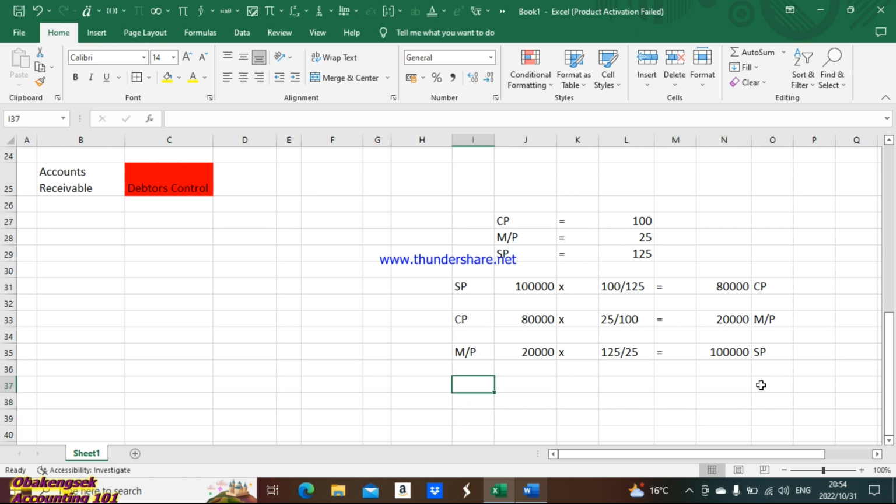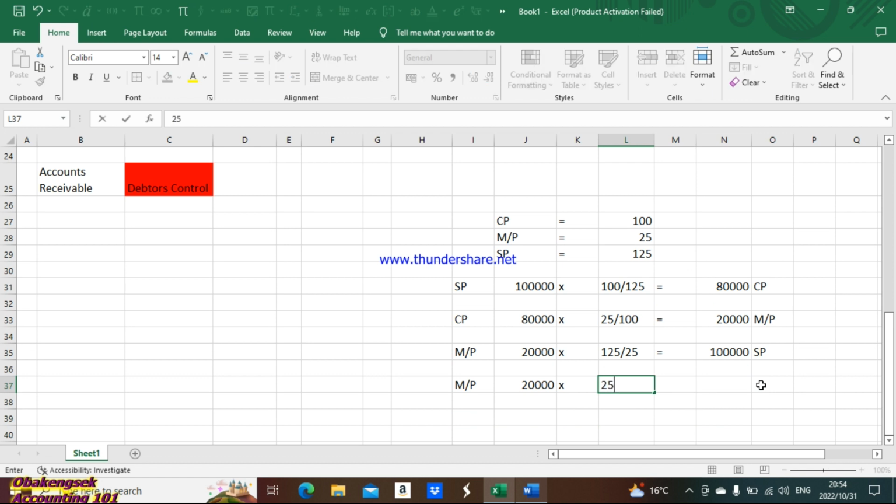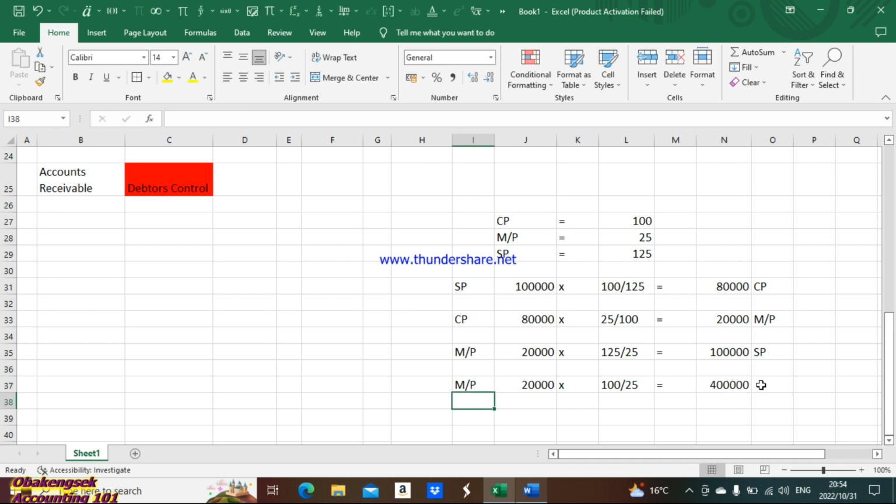I can play around with this markup, and then if I'm looking for my cost price, I'm just going to say 20,000 times what I want, which is 100, because my cost price is 100, divided by what I have, 25, and this is equal to, open bracket, 100 divided by 25, close the bracket.